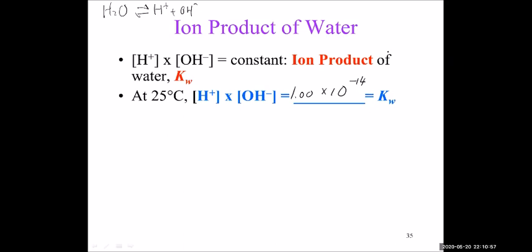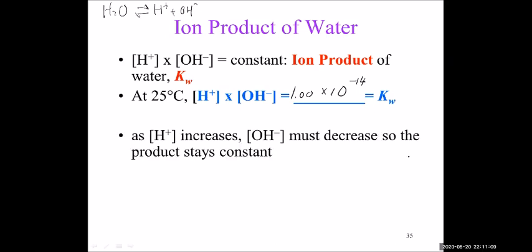Fairly small amount. That is because water becomes ions very, very poorly. Most of the water molecules do not become ions. So if these two concentrations multiplied give us a constant, that means if one of these two increases, because we add an acid or base, then the other will change backward.